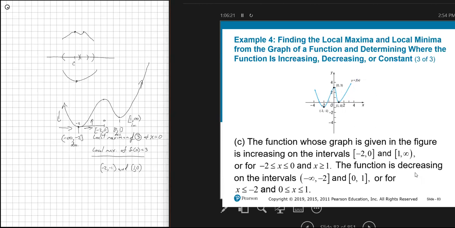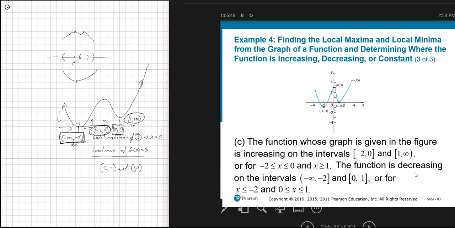And so the increasing was from -2 to 0 and 1 to infinity. It looks like OD, doesn't it? And then decreasing from -infinity to -2, and from 0 to 1.